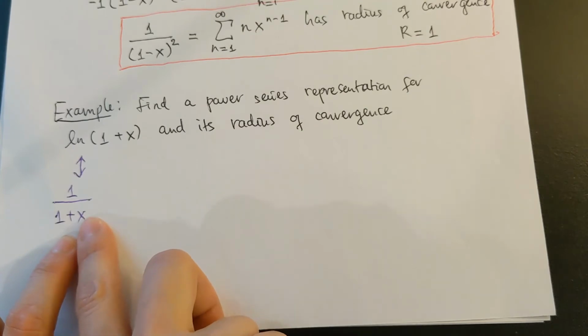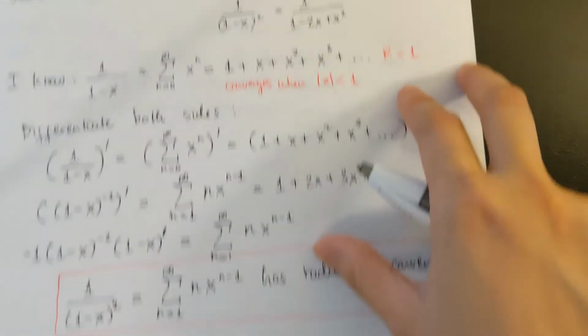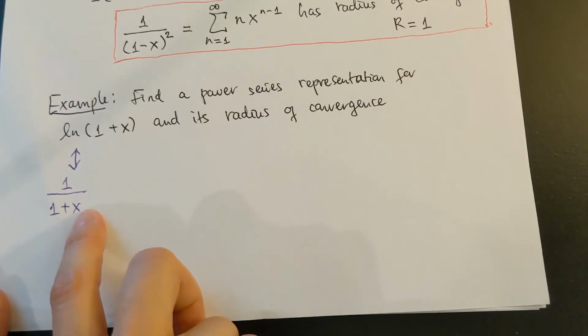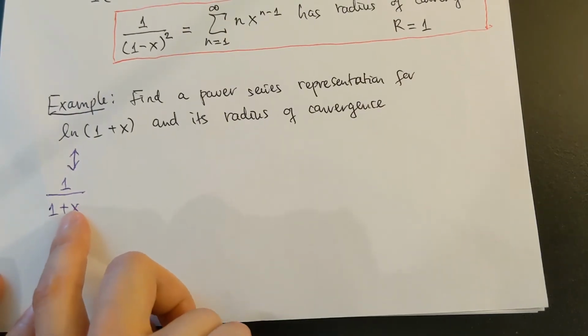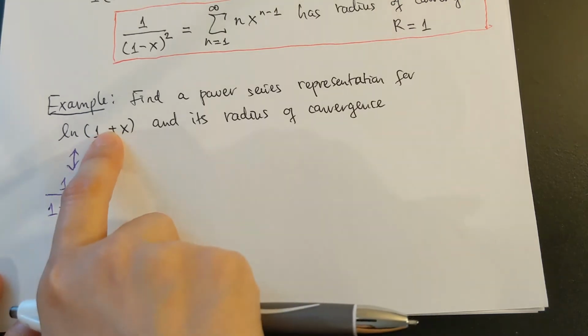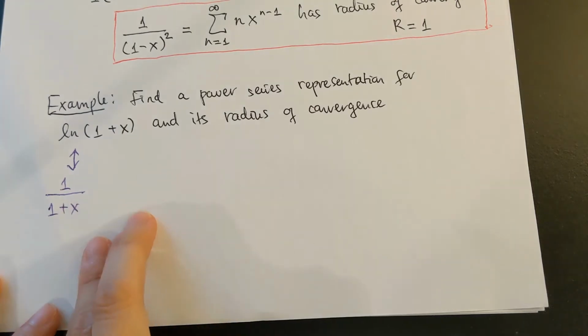And this function, it looks like the form 1 over 1 minus u. So I can write this function as a power series. Then I just need to integrate this function or integrate that power series to get the power series representation for this. Okay, so that's my plan.